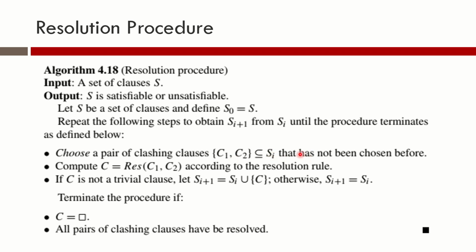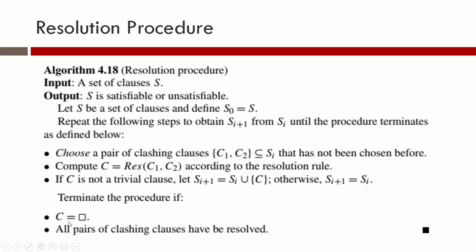From Si, you choose a pair of clashing clauses which has not been chosen before, and then you compute the resolvent of C1, C2, applying the resolution rule. If C is not a trivial clause, then Si plus 1 will be Si union C. Otherwise, if it is a trivial clause, Si plus 1 will be Si.